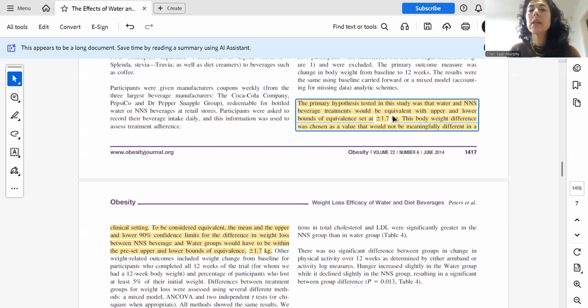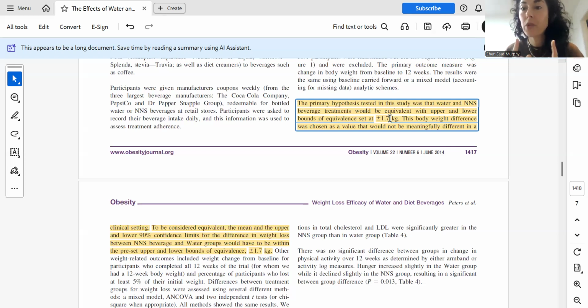So the authors of the study said that if the range of the results is within that scale, plus or minus 1.7 kilograms, then the primary hypothesis is going to be confirmed, that water and non-nutritive sweeteners have a very similar effect.